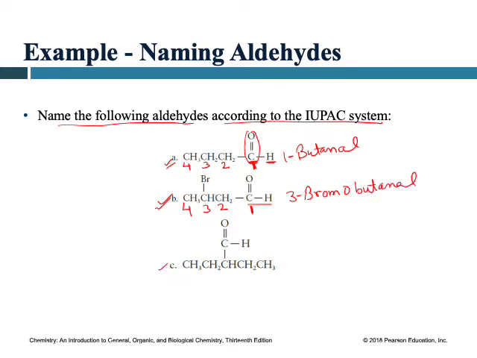What about C? Again 1, 2, 3, 4. This is your parent chain. That's your substituent. You have 2 carbons in your substituent, so it is 2-ethylbutanal. Right. So let's try to do some more examples on this aldehyde, and then we'll go to the ketone.